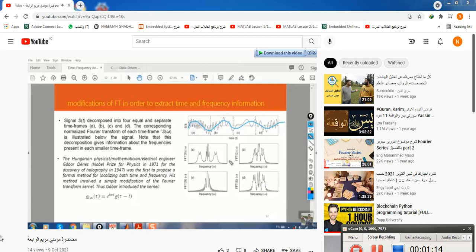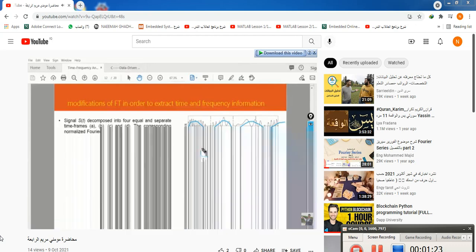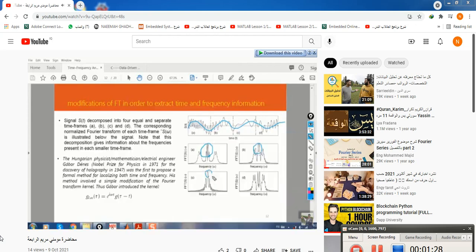And if you consider A, B, C, and D, you see all the diagrams have this low frequency. It is clear that it contains this low frequency. Maybe the amount of this frequency is different, but all of them have this low frequency and show these smooth changes.